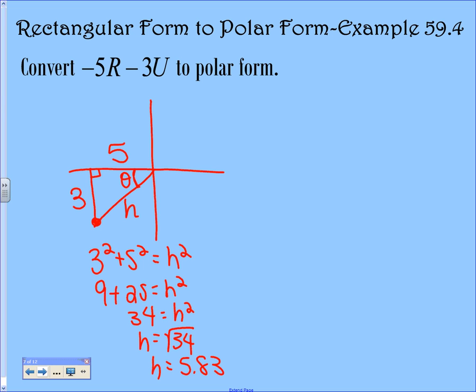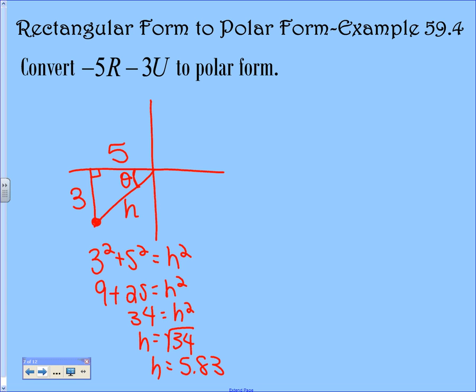You can leave it as either one. They put both in the book actually. So you could do either one. Okay, so now we need to figure out this angle. Sine, cosine, or tangent.